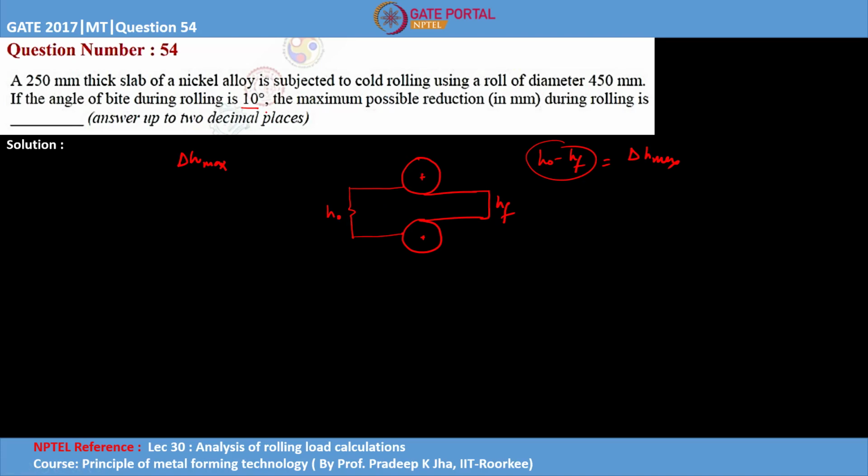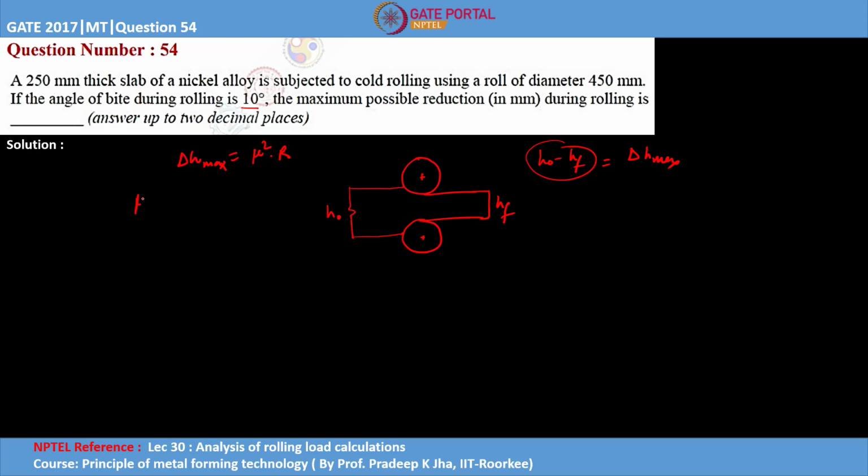So the value of delta H max is basically given by the relation delta H max equals mu square times R, where mu is nothing but our coefficient of friction and R is the roll radius, right?